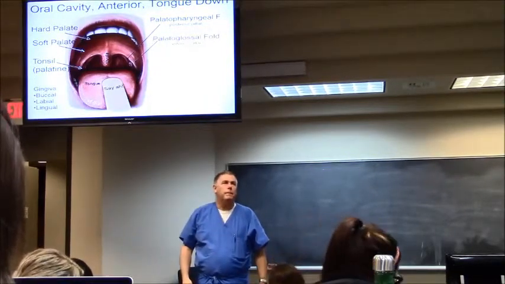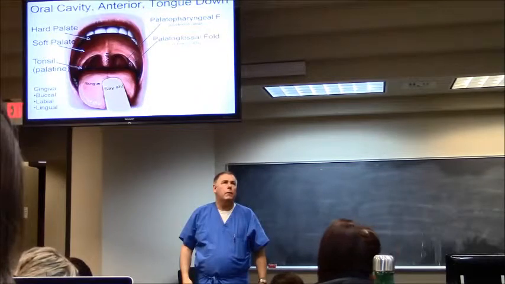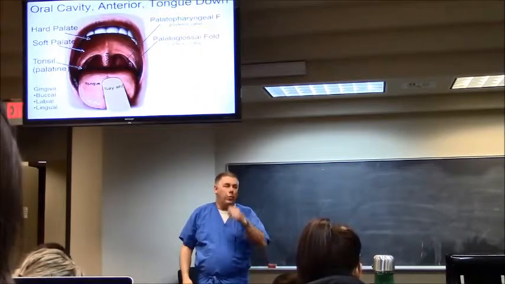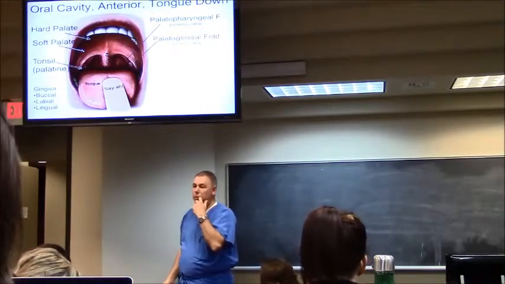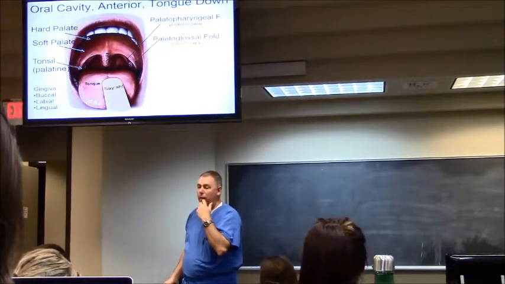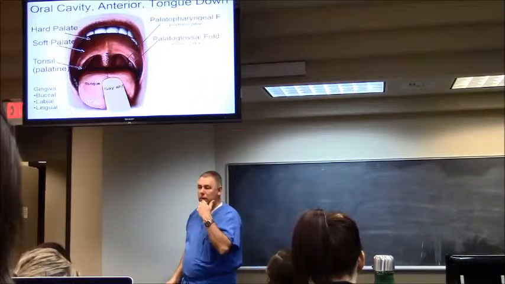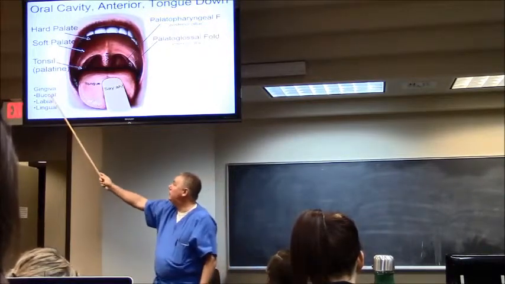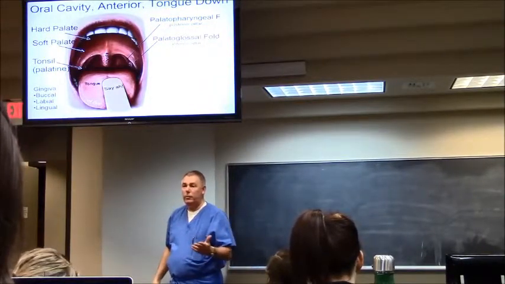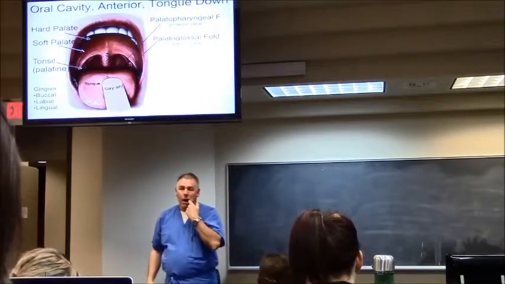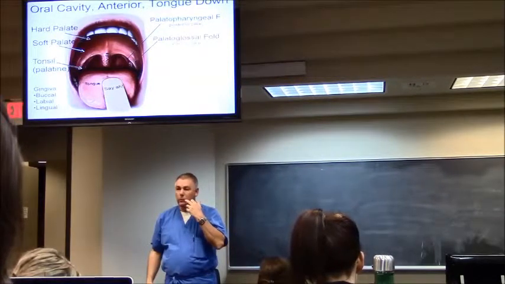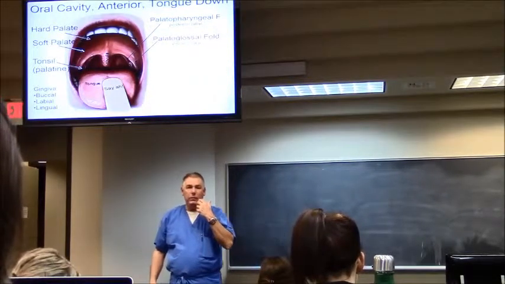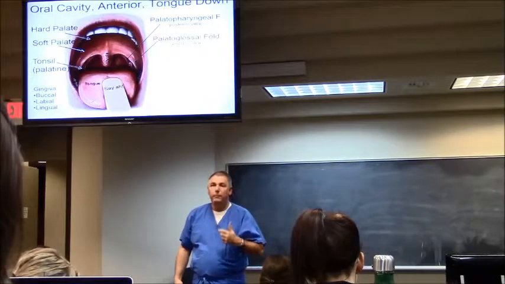When you talk about the gingiva, or the mucosal lining of the alveolar ridges, the dentist will refer to three types. The buccal gingiva is that associated with the cheek, the soft tissue, the mucous membrane associated with the cheek.